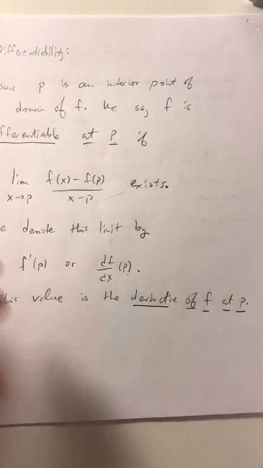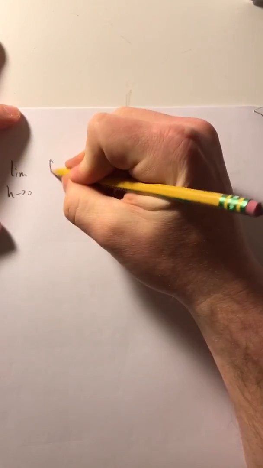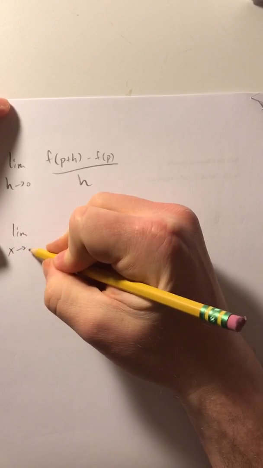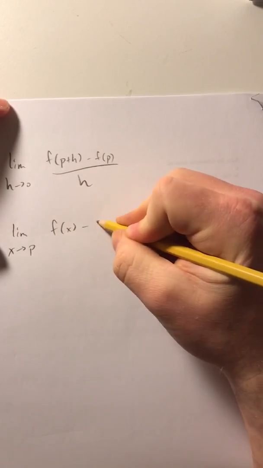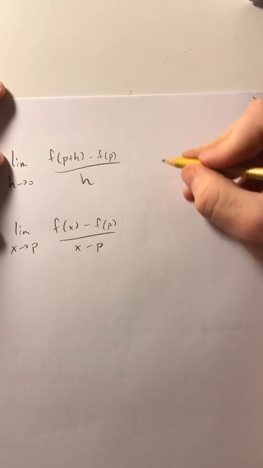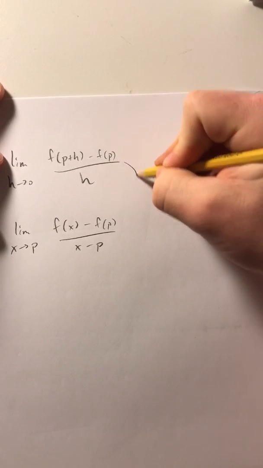So you might remember a different definition, or not a different definition, but a different looking definition. Limit as h goes to 0 of f of p plus h minus f of p over h. You might remember this from Calculus 1. It's equivalent. This isn't a different definition, it just looks different. So if I start with this definition, I can say let x equal p plus h, and this becomes this.